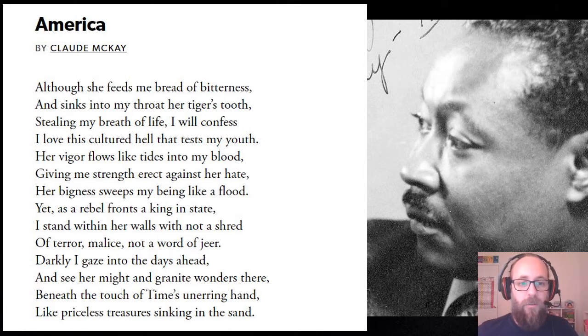Her bigness sweeps my being like a flood, yet as a rebel fronts a king in state, I stand within her walls, and not a shred of terror, malice, nor a word of jeer. Darkly I gaze into the days ahead, and see her might and granite wonders there, beneath the touch of time's unerring hand, like priceless treasures sinking in the sand.